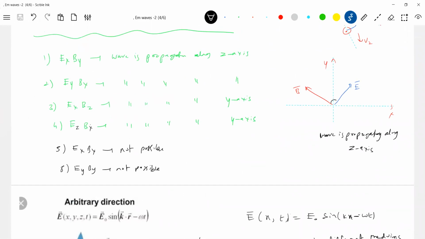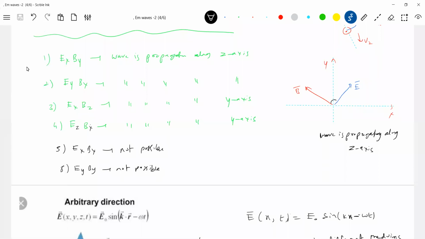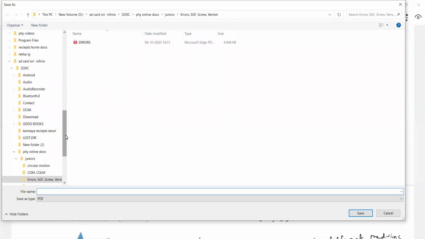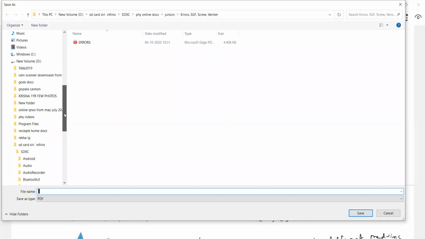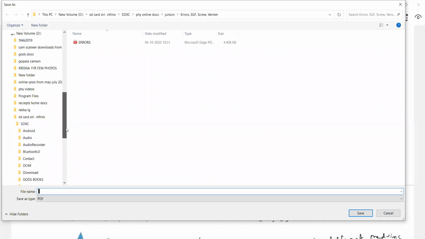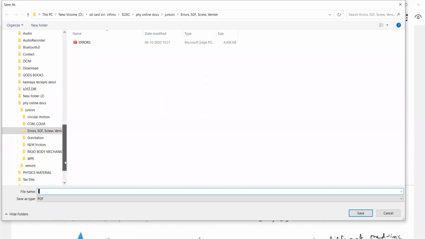Just practice them. I'll start diffraction.